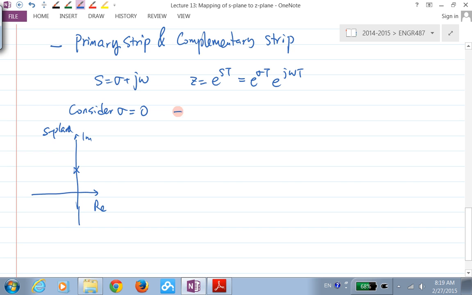Then z will turn into e to the power of j omega t. If z equals e to the power of j omega t, that means the magnitude is 1 and the angle is omega t, right? So which means that particular pole will be mapped to where?